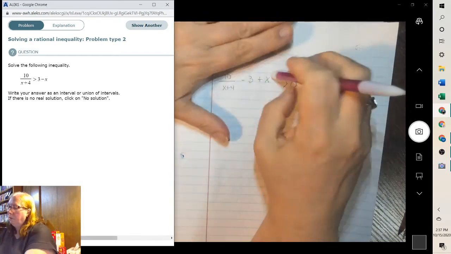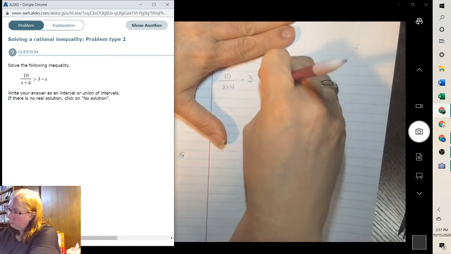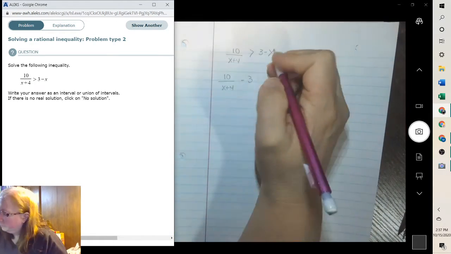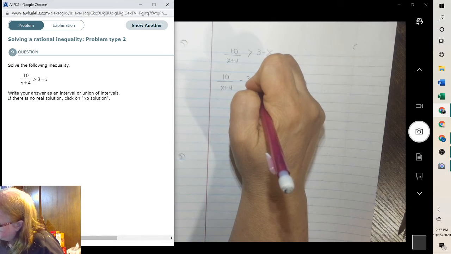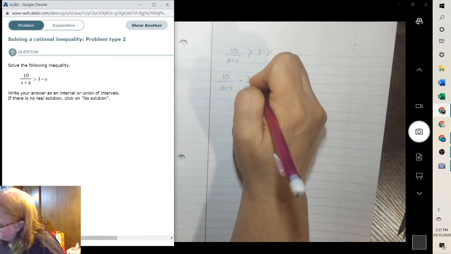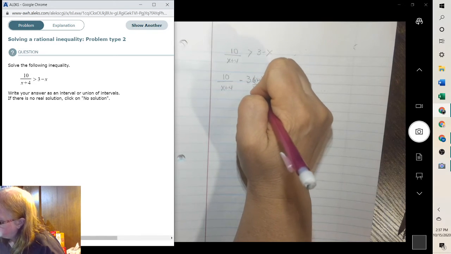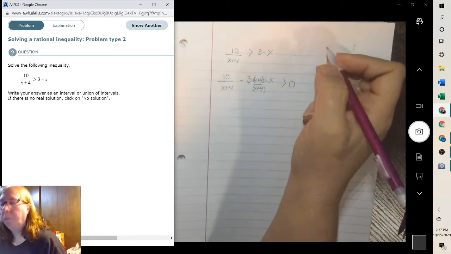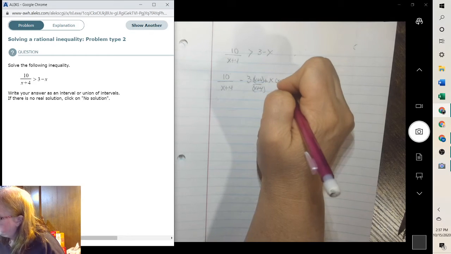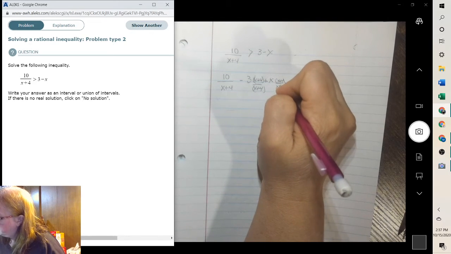Need to get a common denominator. I'm going to make a little room here. So we have x plus 4 over x plus 4, and then x plus 4 over x plus 4.